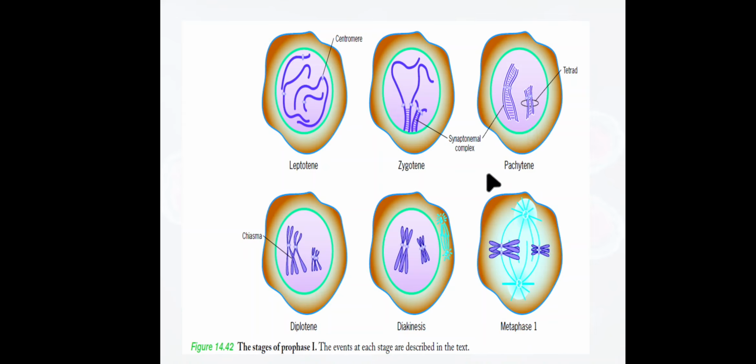Next, after pachytene, the diplotene stage is there, where you can see the chiasmata. The chiasmata represent the sites at which crossing over has occurred. After that, in diakinesis, RNA synthesis ceases, and chromosomes become more condensed and thickened. It detaches from the nuclear envelope.